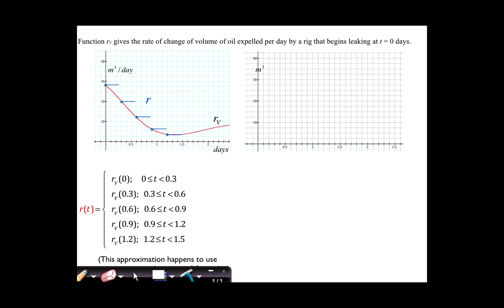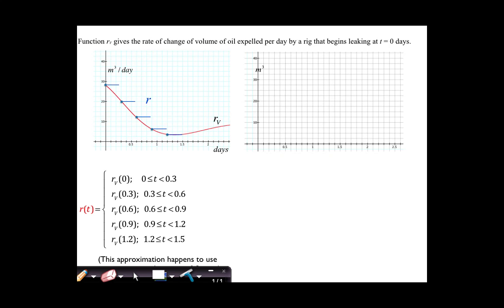Now this looks all messy and slightly frightening, but this is just a piecewise function. It's piecewise constant. If you read the top row, first look at the domain. It says t is between 0 and 0.3.